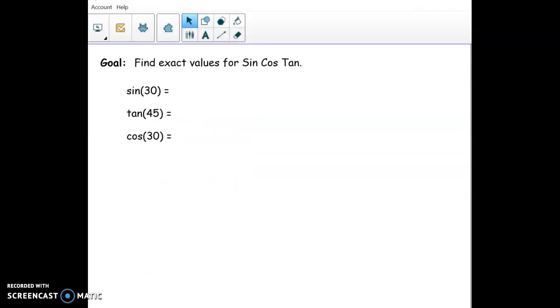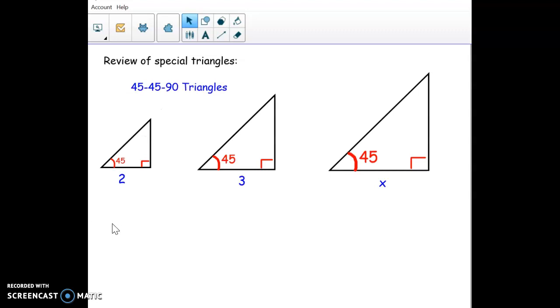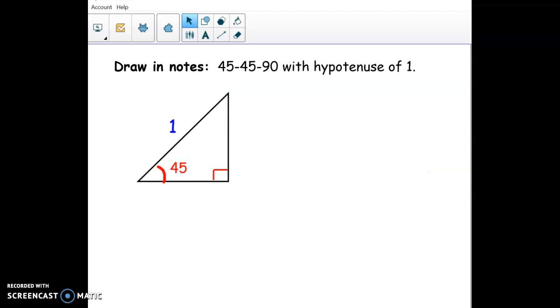using a different method. Okay, so the way we're actually going to use them is with 45, 45, 90 triangles and 30, 60, 90 triangles. So I'm going to kind of skip that, but basically we're going to do a 45, 45, 90 triangle with hypotenuse 1, and you'll see why we want to do that later.